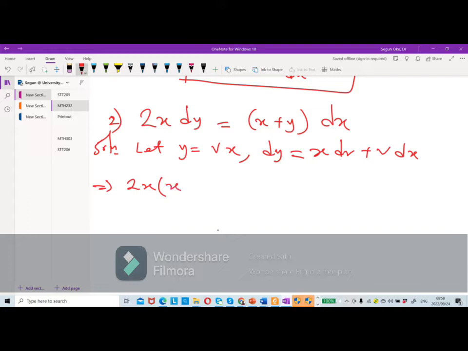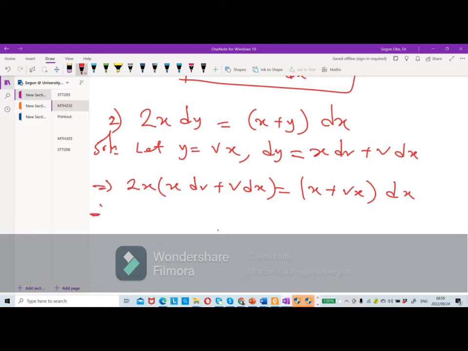Substitute it here. x dv plus v dx equals, I have my x, what is my y? Plus vx dx. You can see everything is in form of vx now, not x dy.